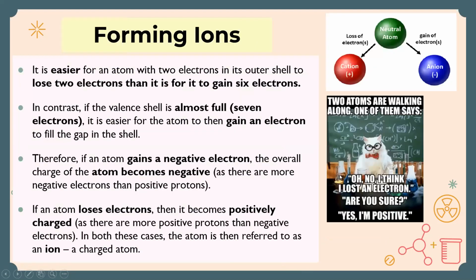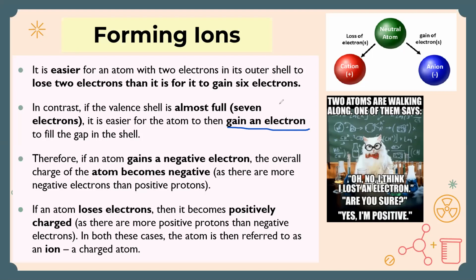This slide here literally just repeats the previous slide, all those examples I was writing down before. This second point here shows you that, again, if you've got 7 electrons in your outermost shell, it is easier for you to just gain 1 electron rather than giving those 7 away to lose the shell.